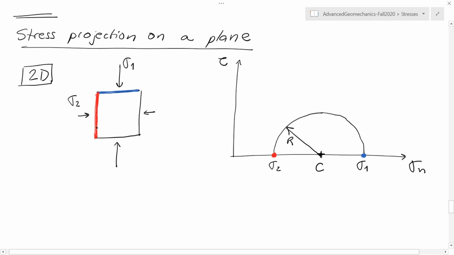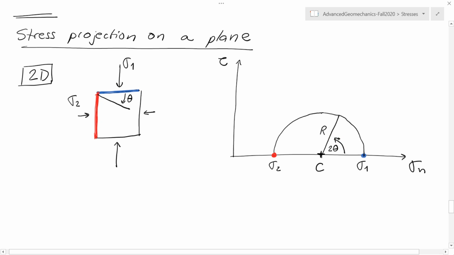For example, if I have here an angle theta, in the Mohr circle, I'm going to find that point by going an amount 2 theta. Let me delete this radius because I want this plot to be a little bit cleaner. So let's say this angle is 30 degrees, then 2 theta is going to be 60 degrees. It's going to be somewhere over here. This is going to be the radius, and this is going to be 2 theta.